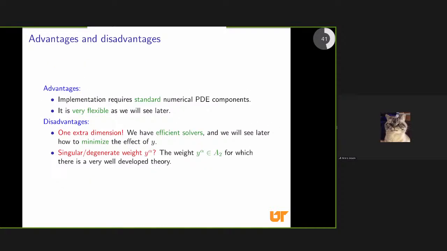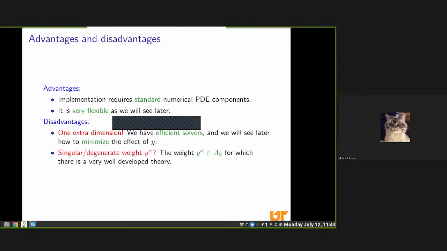The advantages that I see in this approach are, well, now we're dealing with a local problem, so you can implement this in the easiest incarnation in just your favorite finite element package. It is very flexible, and maybe I'll have time to say a little bit more about why. Of course, nothing is free in this life, because we have to deal now with an extra dimension.